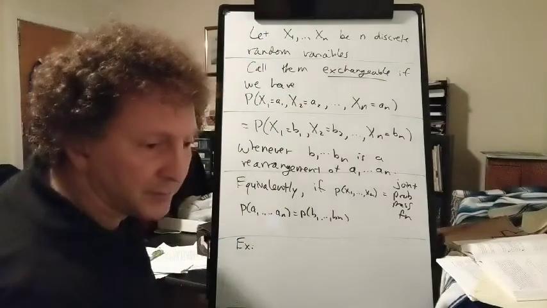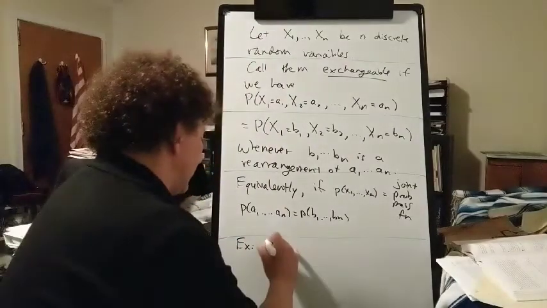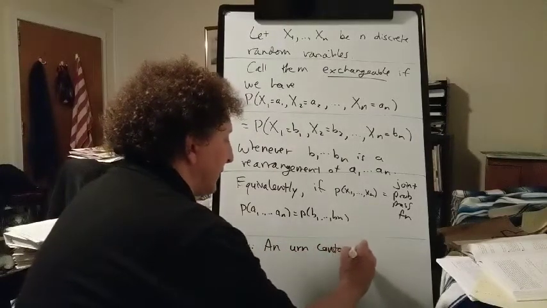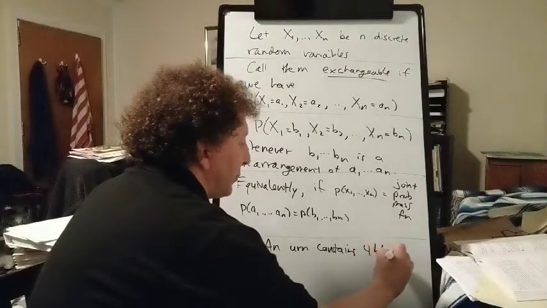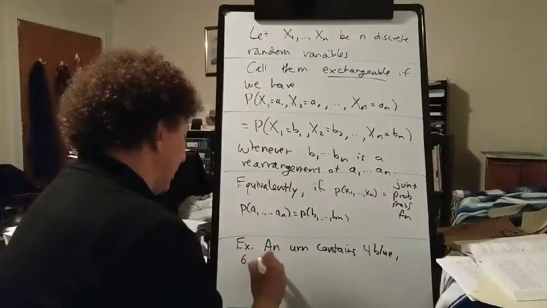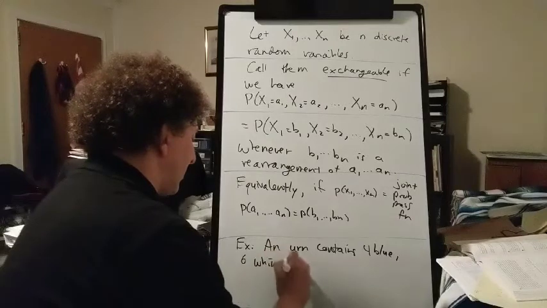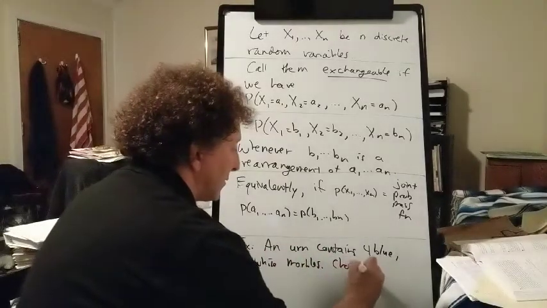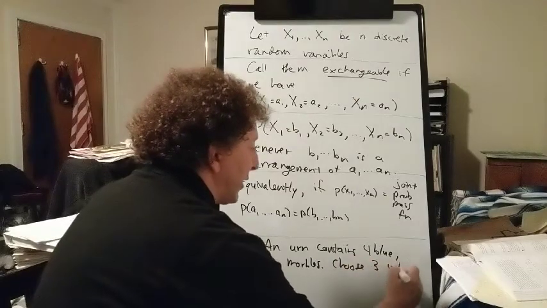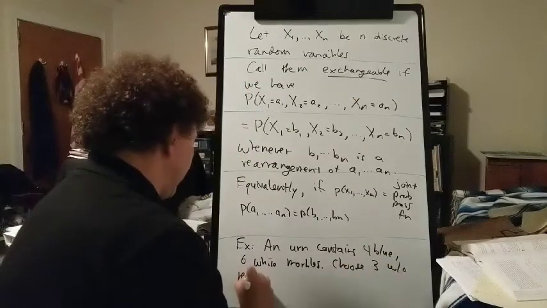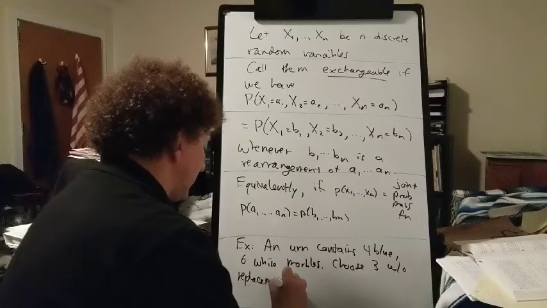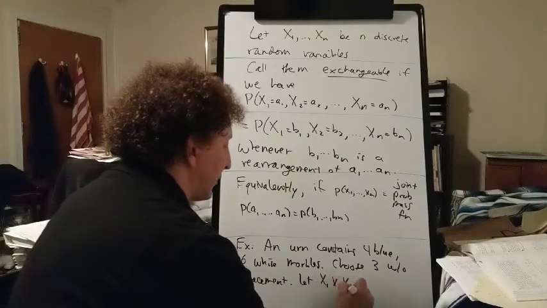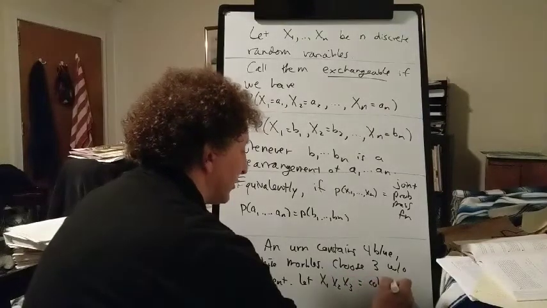So for example, let's say an urn contains 4 blue and 6 white marbles. Let's choose 3 without replacement, and let X1, X2, X3 be the colors chosen.